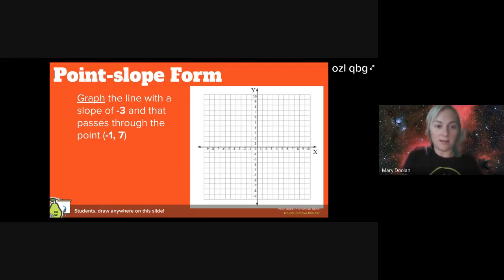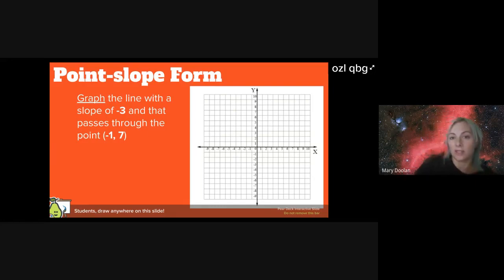Step 1. Plot the point that is given. Step 2. Use the slope to plot more points. Step 3. Draw the line.